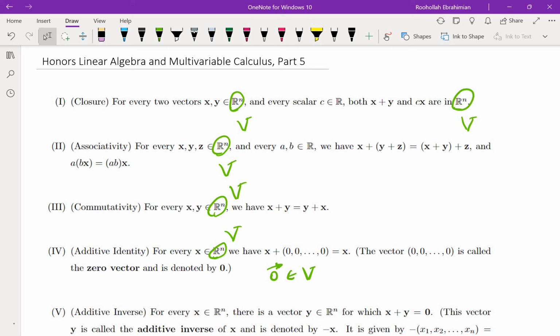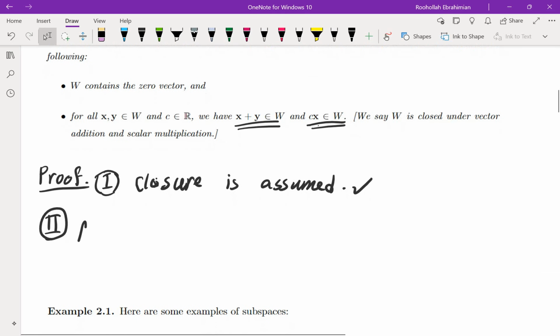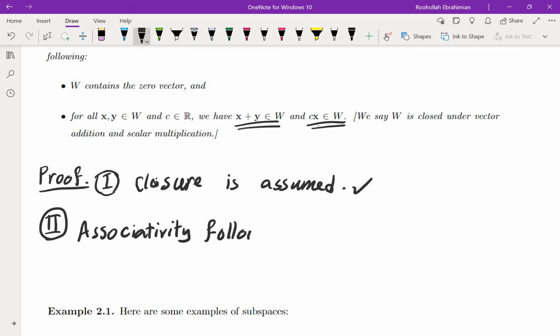And associativity of a times bx is the same as ab times x. That also follows from associativity of Rn. So associativity follows from that of Rn.